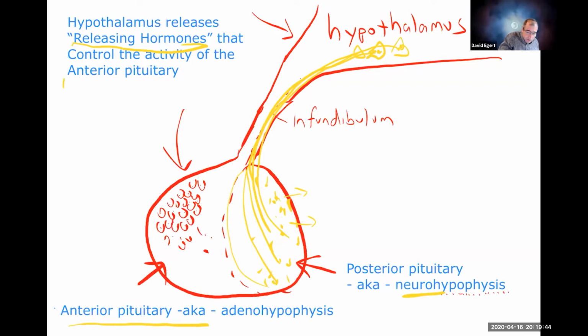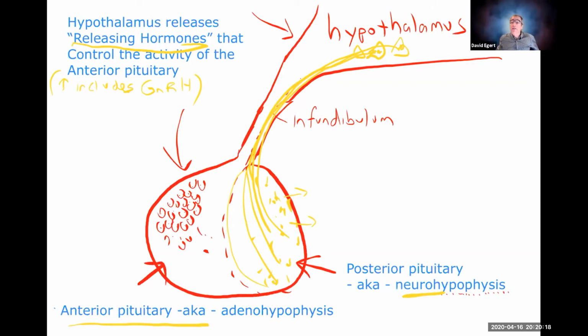So this includes gonadotropin releasing hormone, which we'll talk about later. So you will need to know one of these in particular by name, but not until we get to the reproductive system. For right now, let's just put it out there that the hypothalamus is releasing these so-called releasing hormones that control the anterior pituitary.